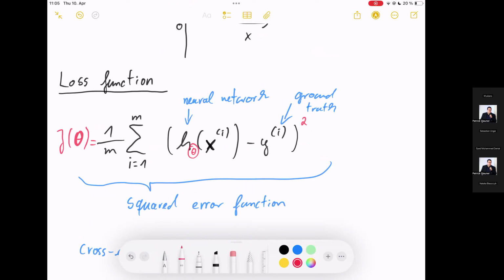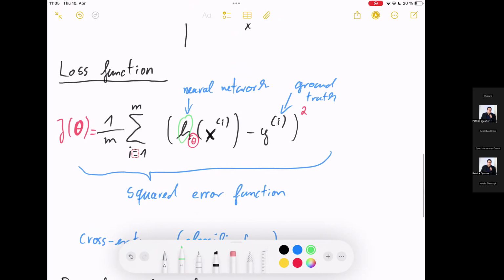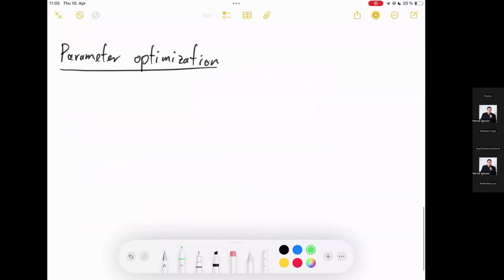The neural network was this H, but could also be just some other model like a logistic regression unit or some other model. And I want to optimize the parameters so that the error goes down.